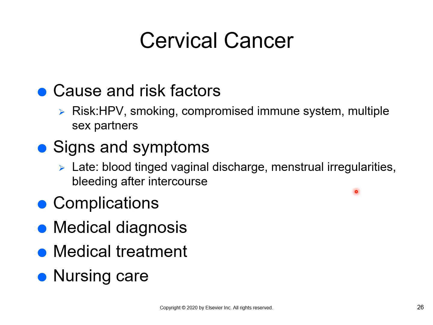And signs and symptoms: late already is a blood-tinged vaginal discharge, menstrual irregularities, and bleeding after intercourse. Okay, complications again is the invasion of this cervical cancer into adjacent structures, the ones next to it.